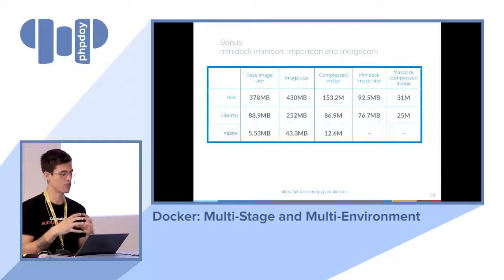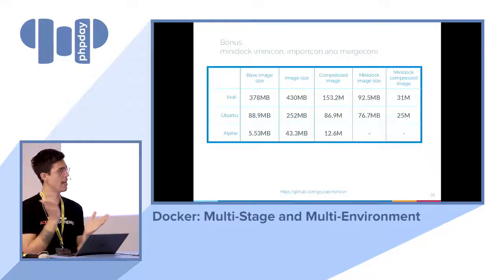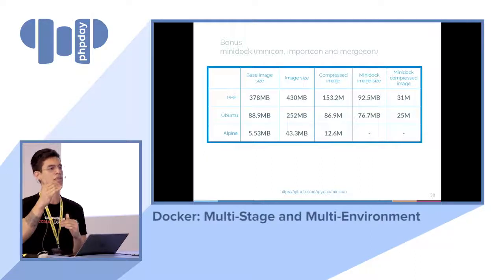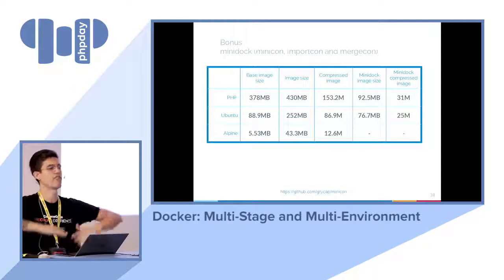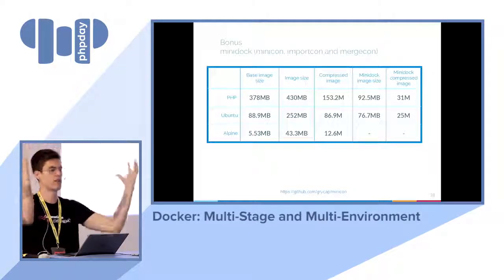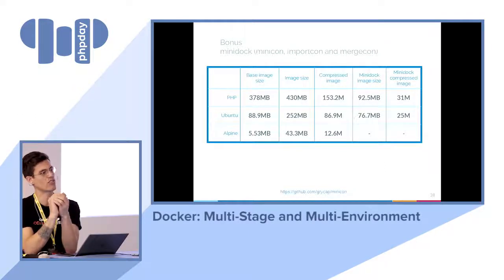How does this software work? It runs strace and ldd in your Docker image, and only gets the files that are in use. So if you are running Apache, it will intercept all the calls, see every file that it opens, and will keep only the files that you need.